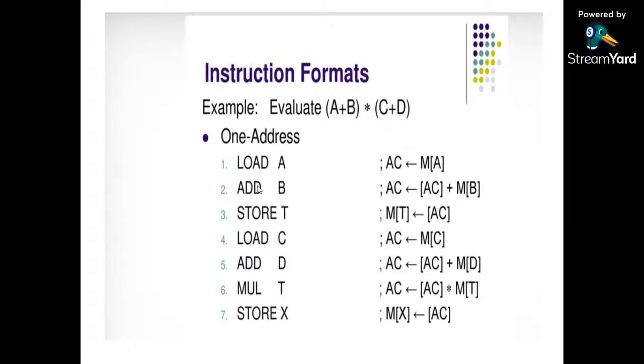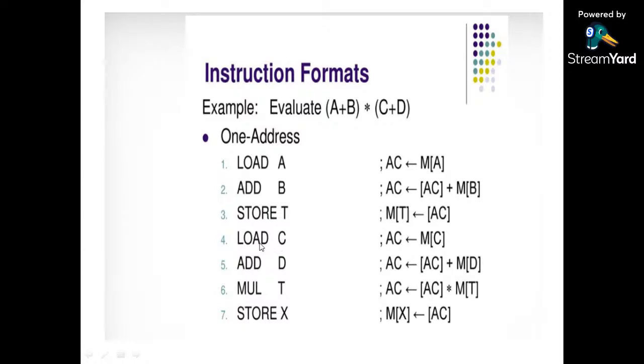So we will store that result into some temporary register. T could be any temporary register or memory location. So the contents of the accumulator are transferred to memory location T.